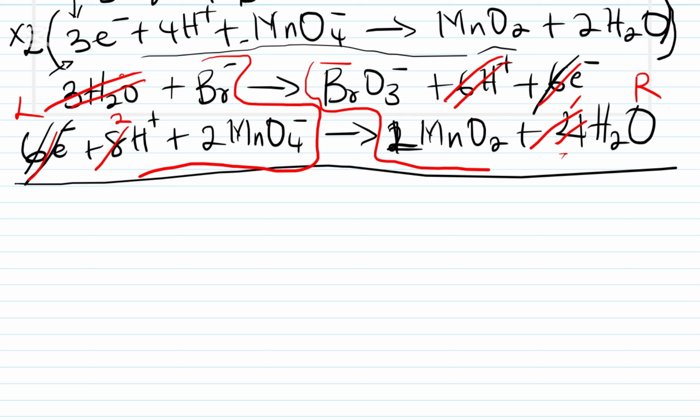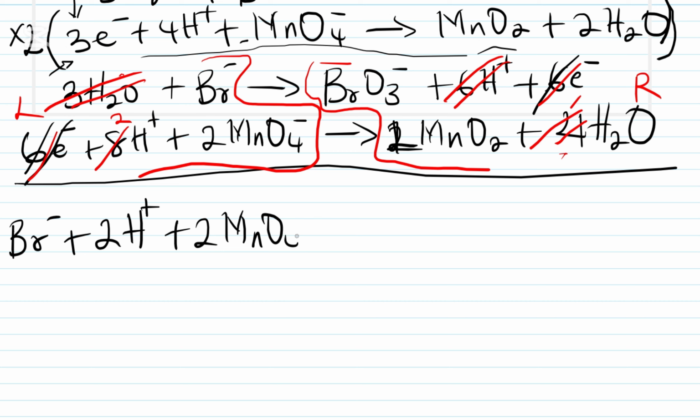I'm going to begin from the bromine. So we have Br minus plus, what else is remaining? We now have 2H plus, here we have 2H plus. We now have 2MnO4 minus. We put our arrow and also drop everything here down.